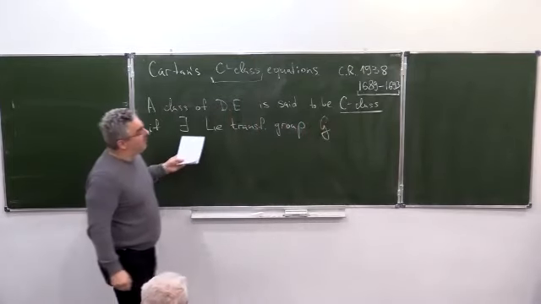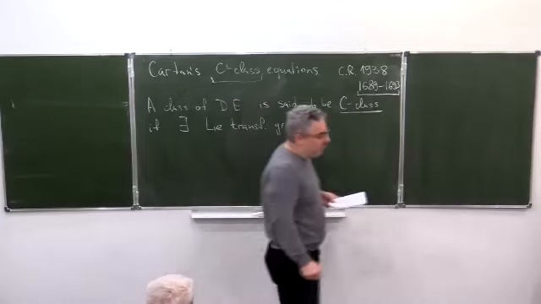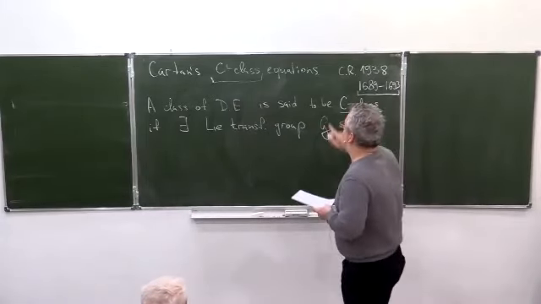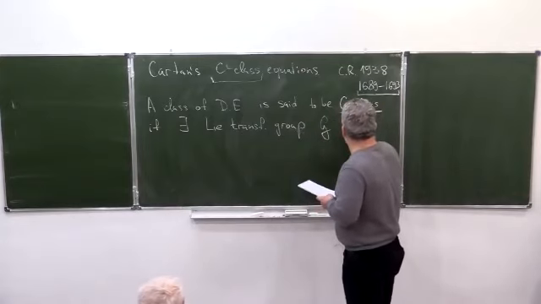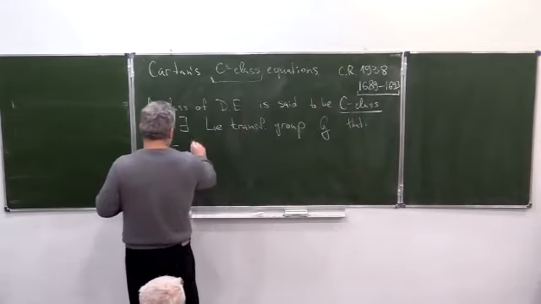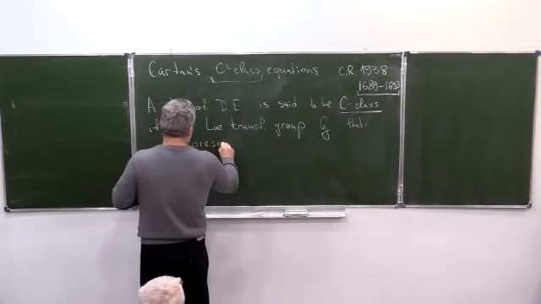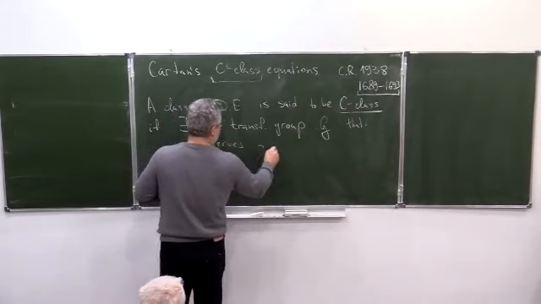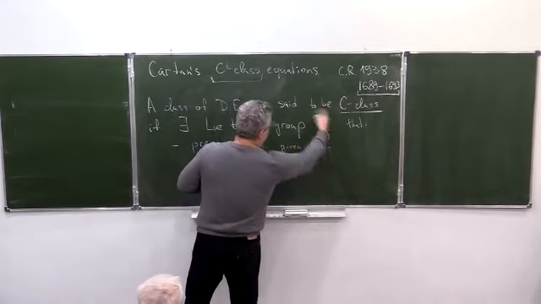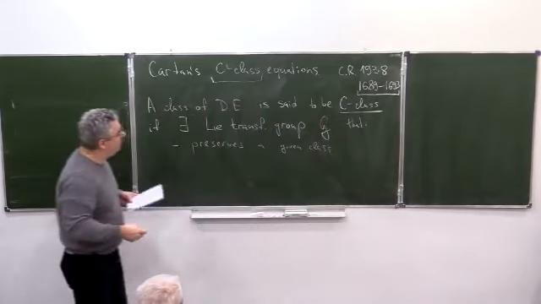Well, typically this is an infinite dimensional Lie group, but may well be finite dimensional. So first of all, of course, it preserves a given class. So we want this group to act on this class of equations.